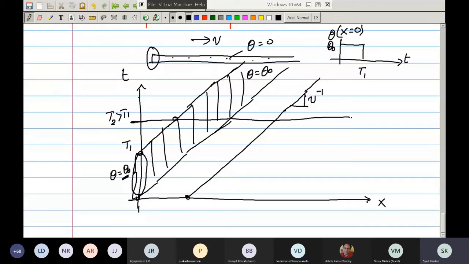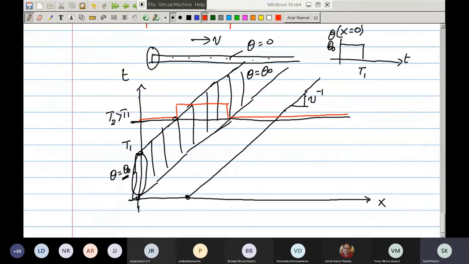So at time t equal to T2, I have a temperature profile that is 0, then theta naught, then 0 again, and it continues. This profile basically keeps on moving forward in time.